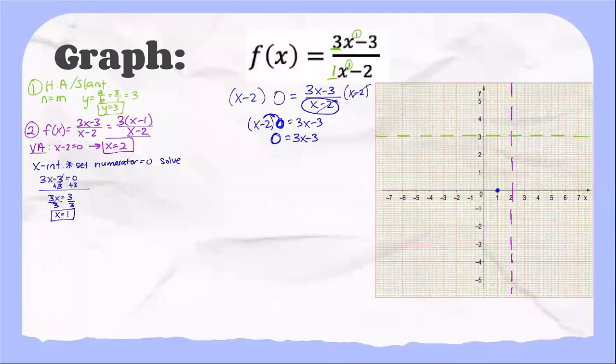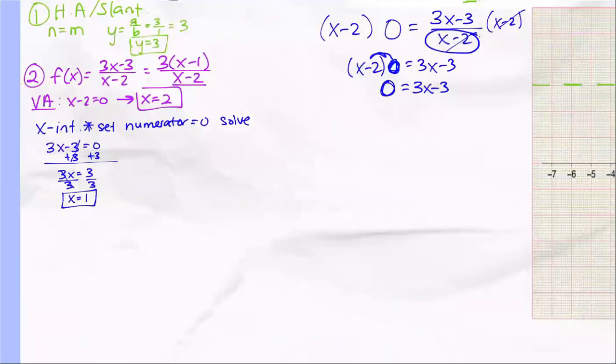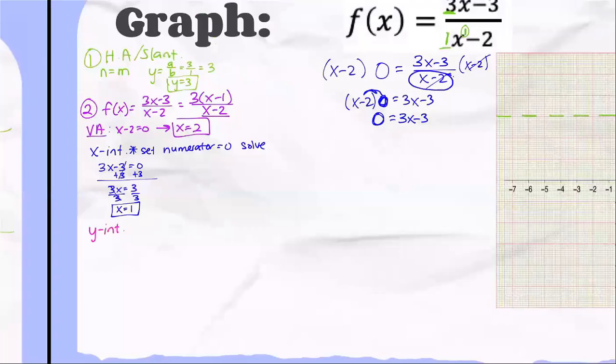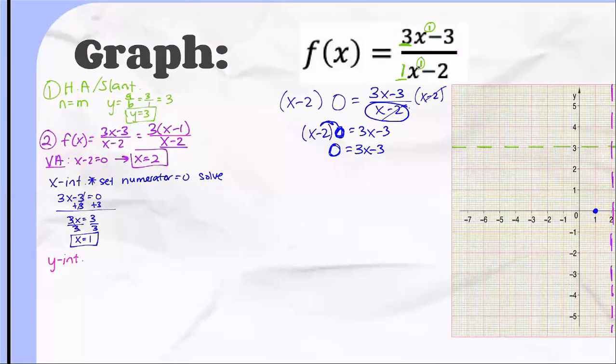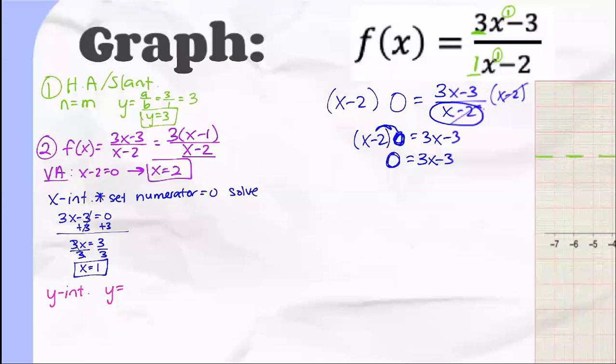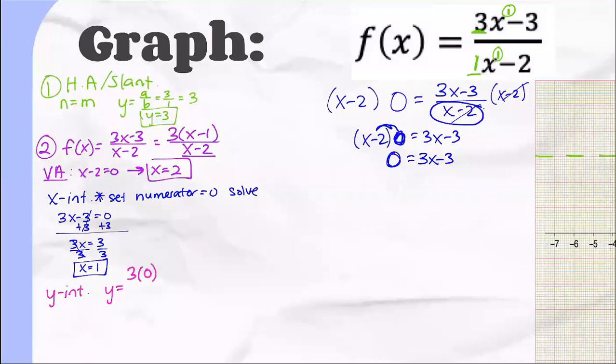All right, then I'm going to find my y-intercept. And so my y-intercept is going to be anywhere where my x's are 0. So what I do is I keep my equation and I plug in zeros anywhere I have x's.